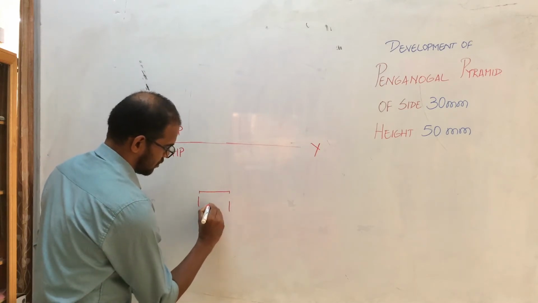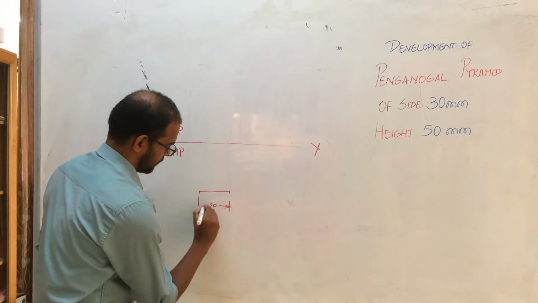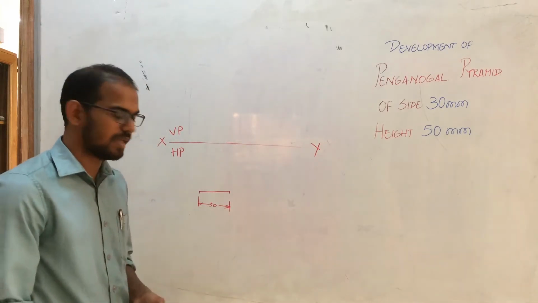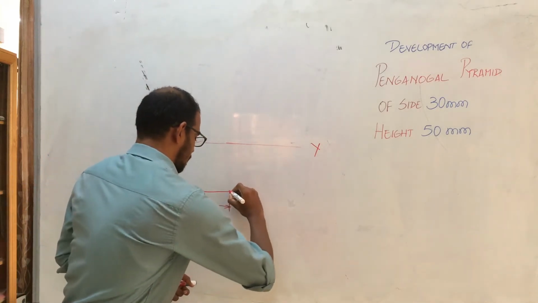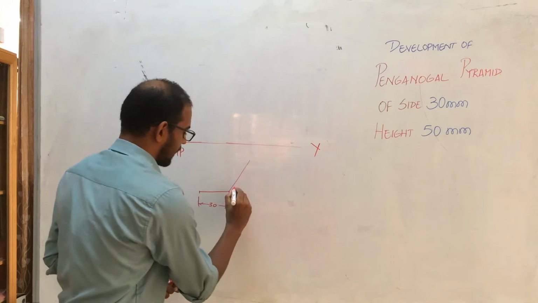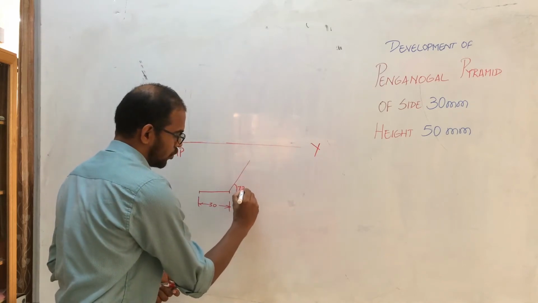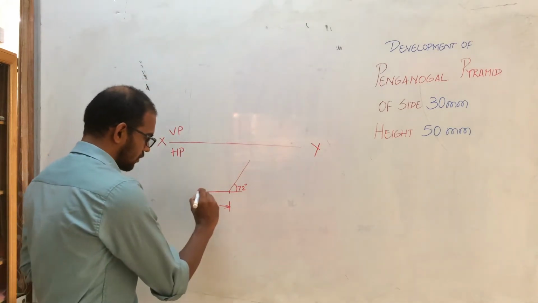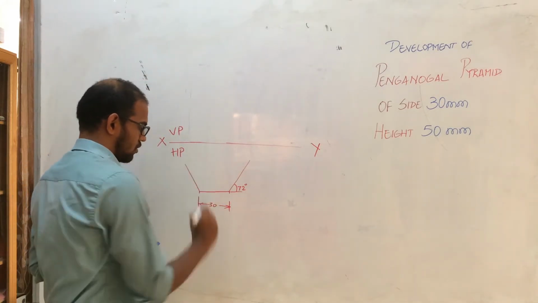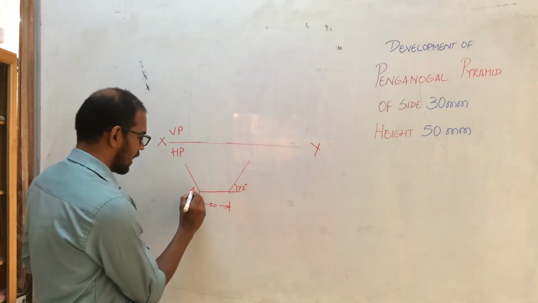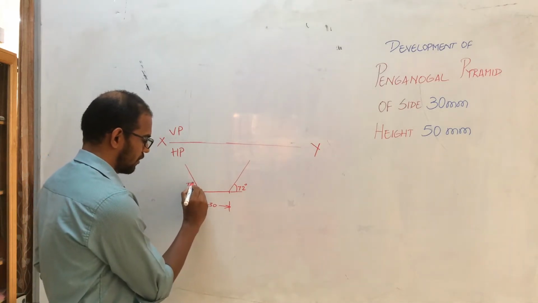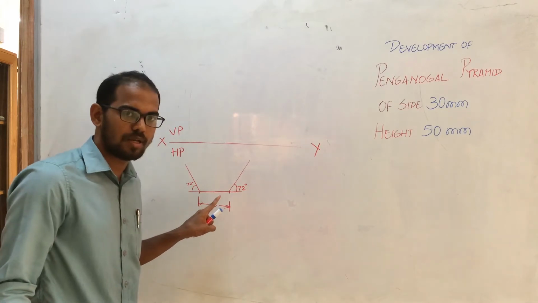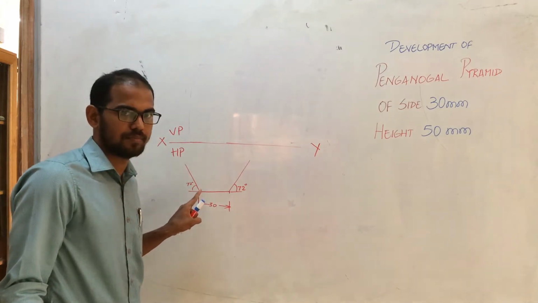This line measures 30 mm. Then draw one more line at an angle of 72 degrees with respect to this horizontal line, and one more line at an angle of 72 degrees about this horizontal line at this point.